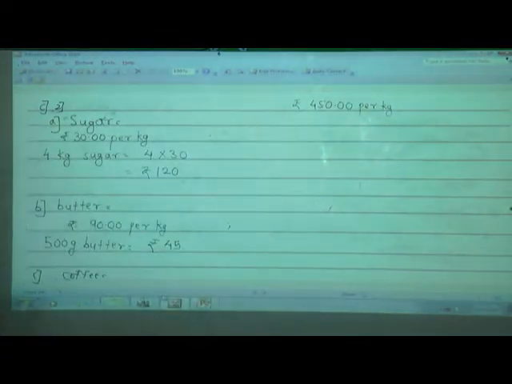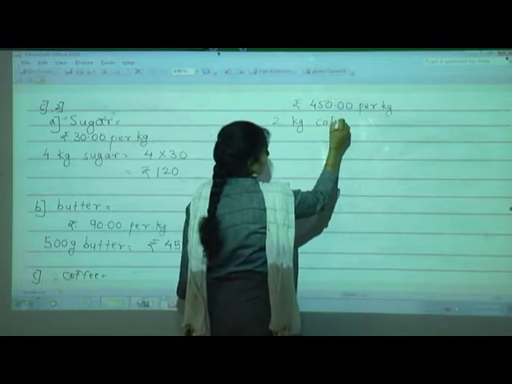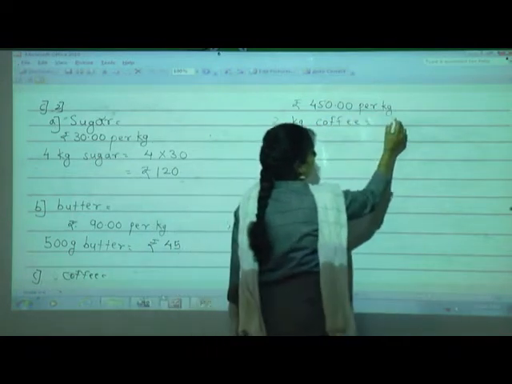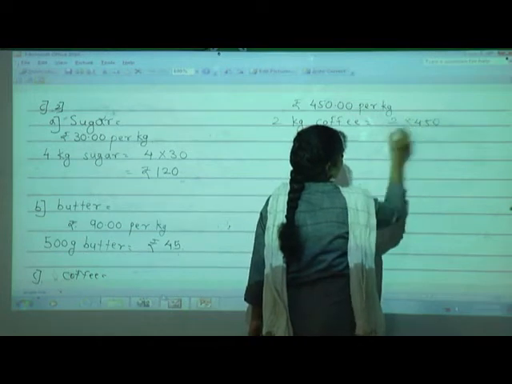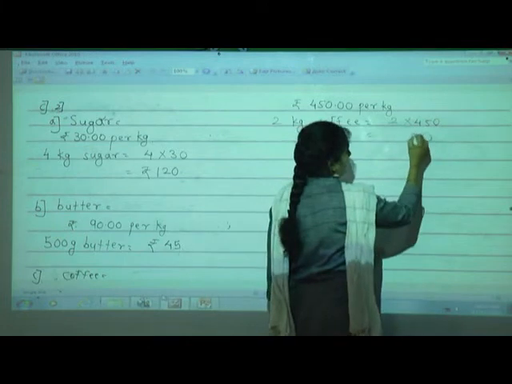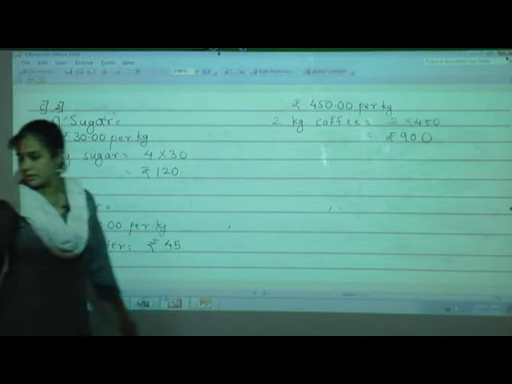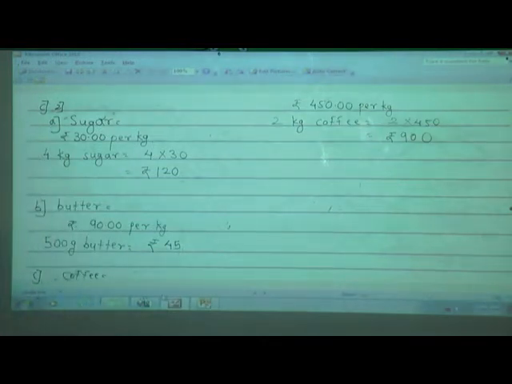Now we want the rate of 2 kg coffee. So just multiply. Yes students, what is the multiplication? Yeah, rupees 900. Okay. Now students, what will you do? Tell me. Just fill these answers in the price list. Okay.